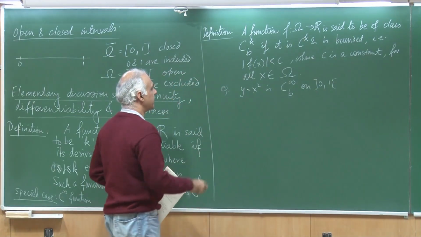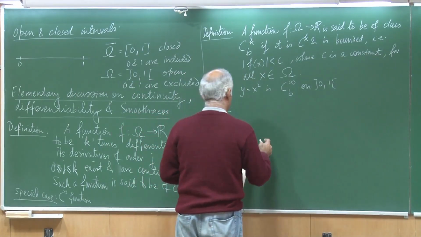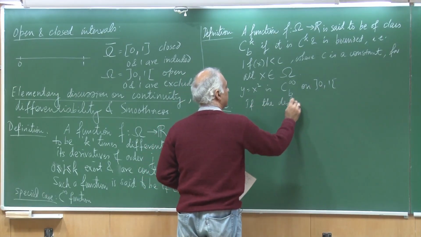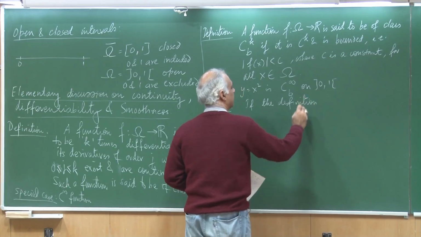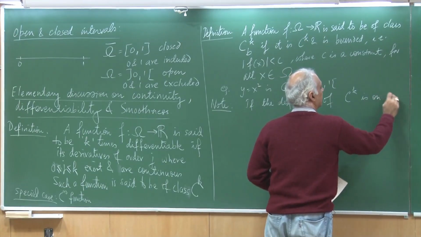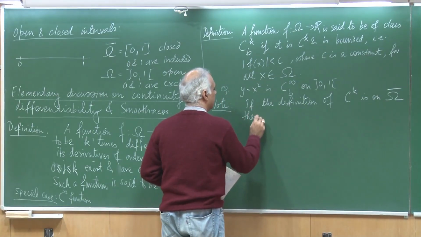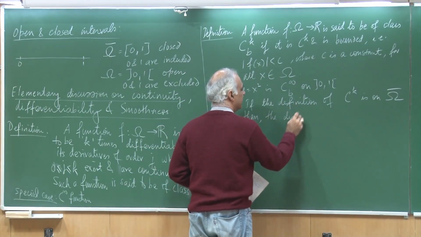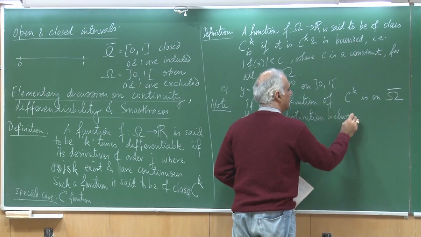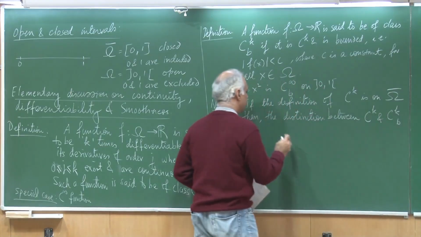Right. So I just wanted to make a note here that if the definition of Ck is on omega bar, then the distinction between Ck and CkB disappears.